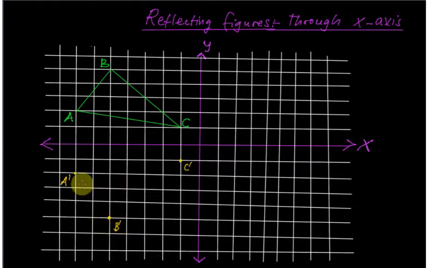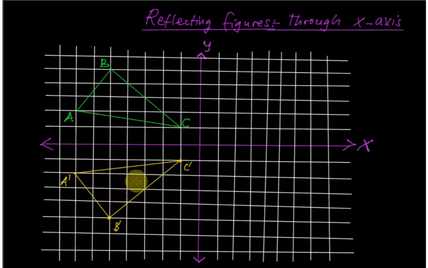Then next you have to connect the lines. So you connect the lines to have the image there. We connect these lines like so, and we have our image. The image of triangle ABC is here.